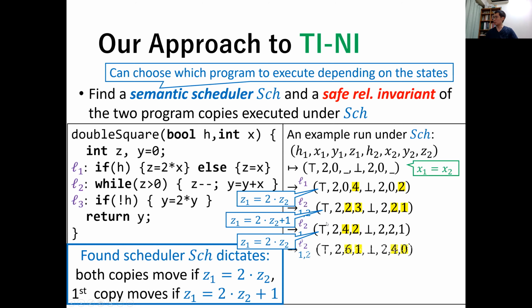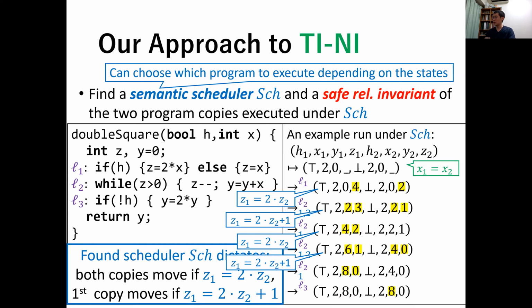So both copies move, and we reach this state. And now this case applies, and so only the first copy moves, and the state becomes like this. And finally, both copies finished executing because the value of z is 0 in both copies.